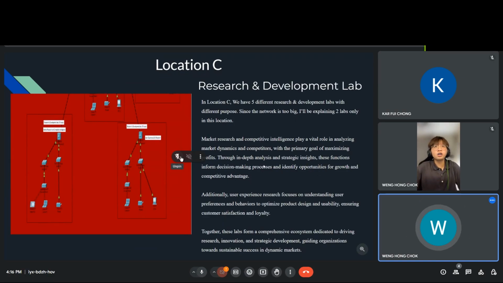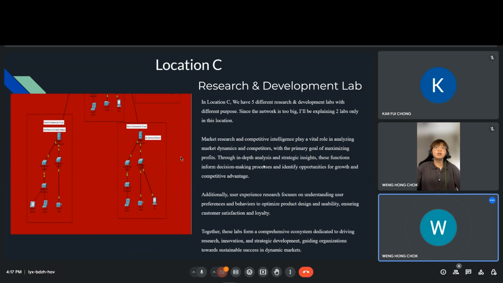In location C, we have five different research and development labs with different purposes, but since the network is a bit too big, I'll be explaining two labs only in this location. Market research and competitive intelligence play a vital role in analyzing market dynamics and competitors, with the primary goal of maximizing profits.